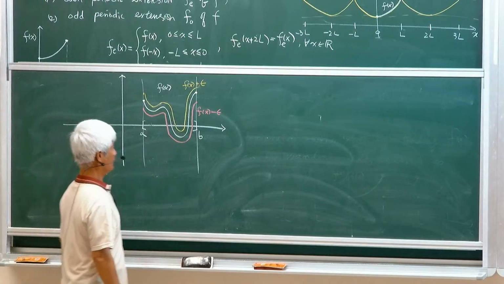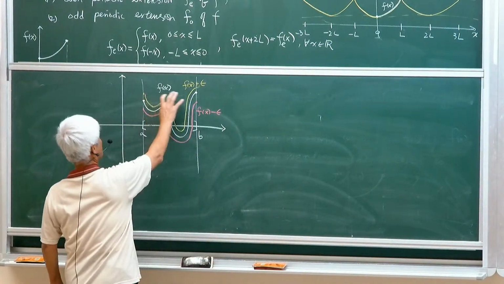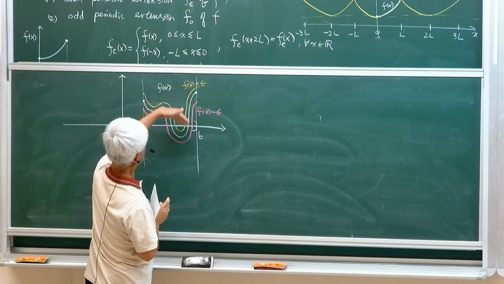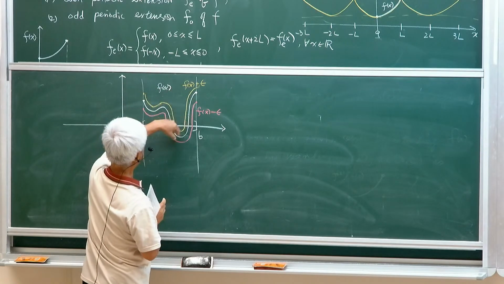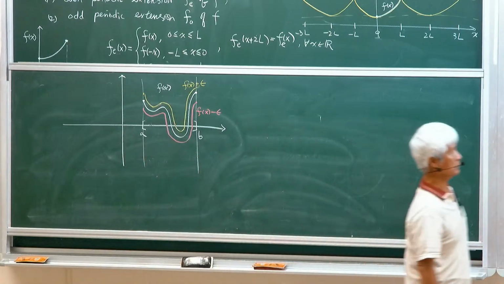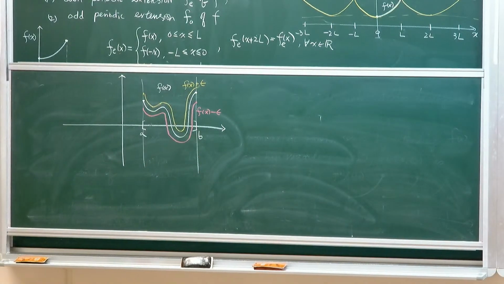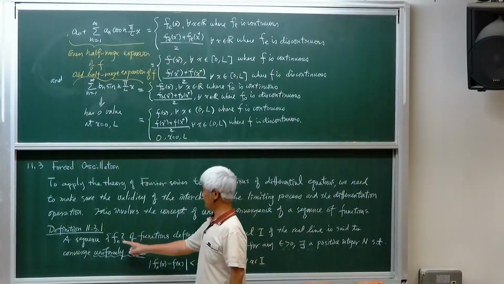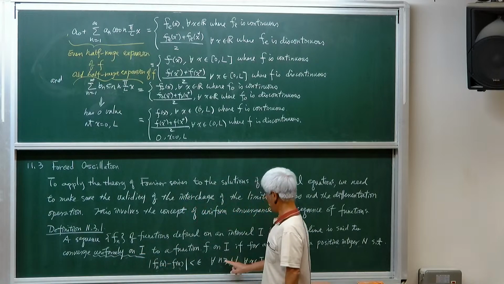Now we have two bounding curves. And we have a capital N such that for every f sub n, when little n is greater than or equal to capital N, a typical function could be like that.